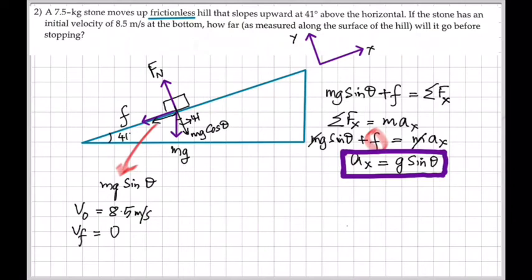Before stopping. So, do we have a now? Put that into that and tell me minus 9.8 times sine, what was that, 41? Help me out with that. Yes. Negative how much? 6.42.